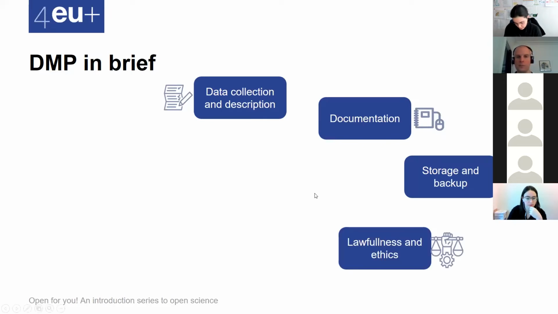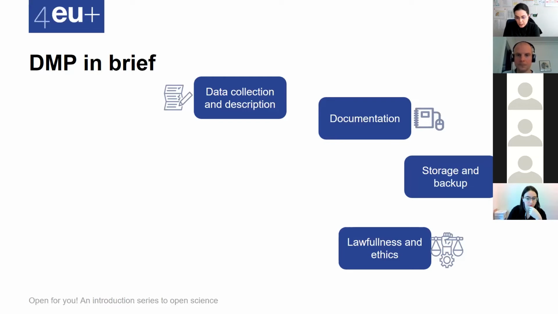Then there is a part about lawfulness and ethics. This part will be about data ownership and about the rights to reuse existing data. It allows you to anticipate questions related to the sharing of data, which will be possible or not according to the type of data.